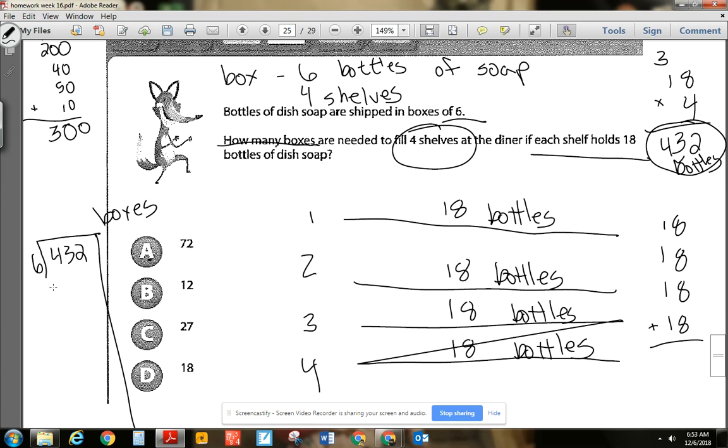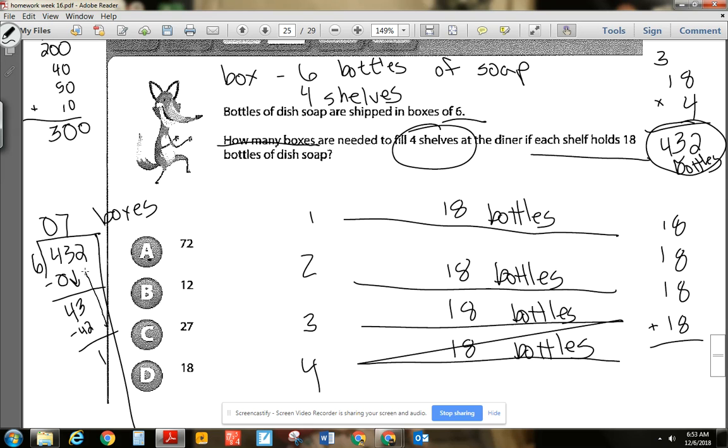How many 6s fit into 400? 0. 0 times 6 is 0. 4. I'm in the tens place, the amount of times. How many 6s fit into 43? Can't go over, right? So it's 7. Because 7 times 6 is 42.